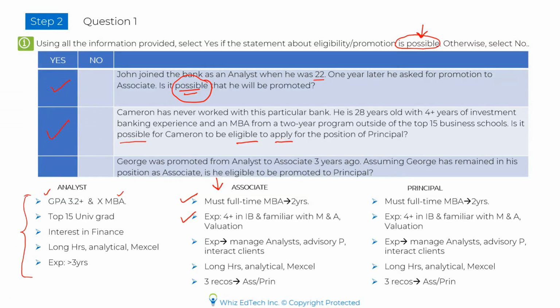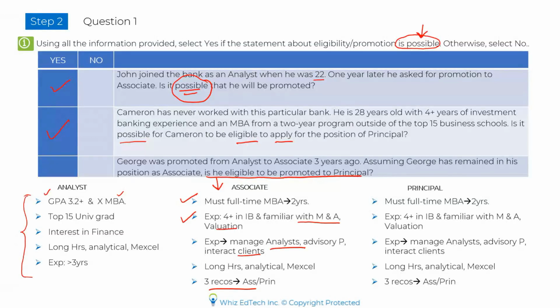George was promoted from analyst to associate 3 years ago. Assuming George has remained in this position as associate, is he eligible to be promoted? Now, this is more like a certain answer. It's not about possibility anymore. We don't know if he is eligible to be promoted to principal, because we don't know whether he has 3 records or not, or whether he has experience in this or that.